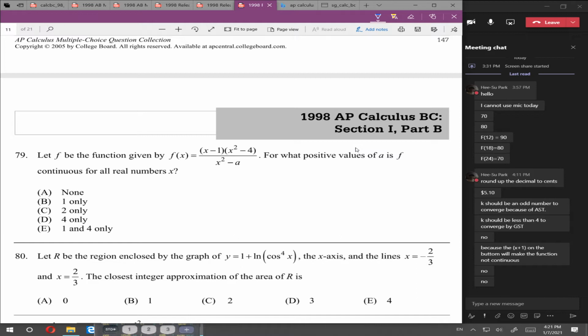If I plug in 4, then the whole thing gets removed with the x squared minus 4, but a removable discontinuity is still not continuous. If I plug in 2, I'll have x minus root 2, x plus root 2 on bottom, which gives us 2 more non-removable discontinuities. So for this one, none of these values that we plug in for A would allow us to be continuous for all real numbers.